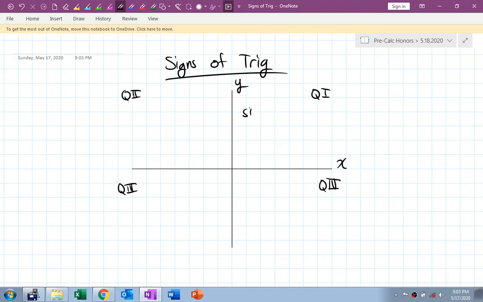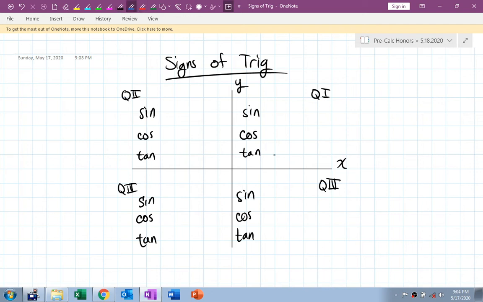You have the sine, you have the cosine, and the tangent. Each quadrant, these things exist, but the positive negative sign switches.